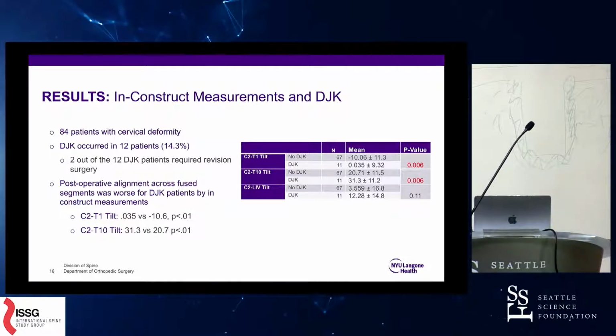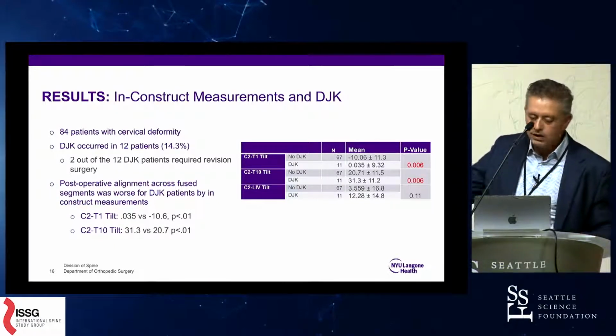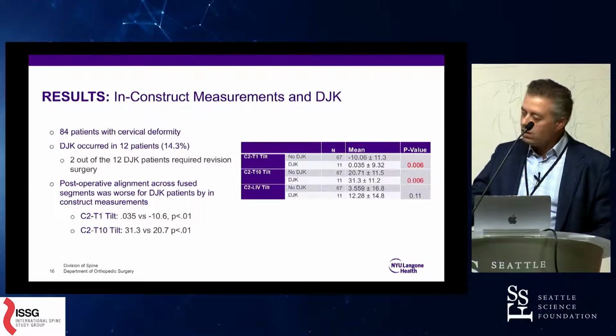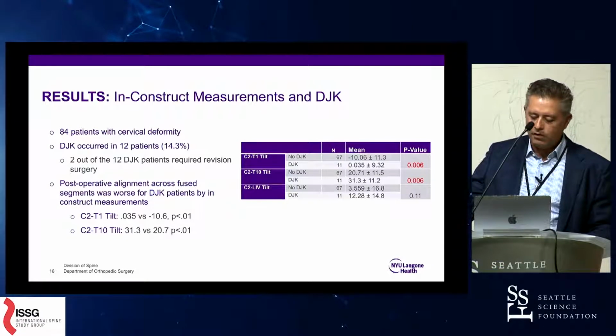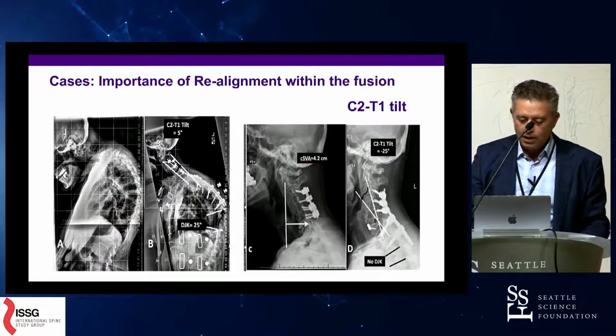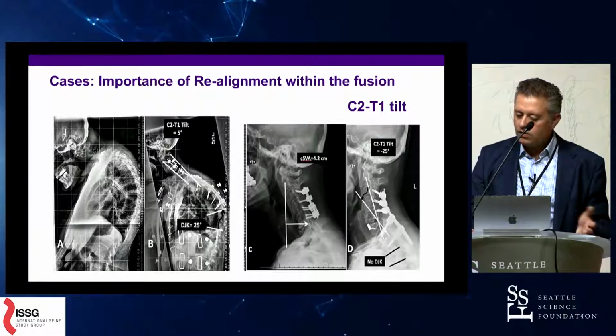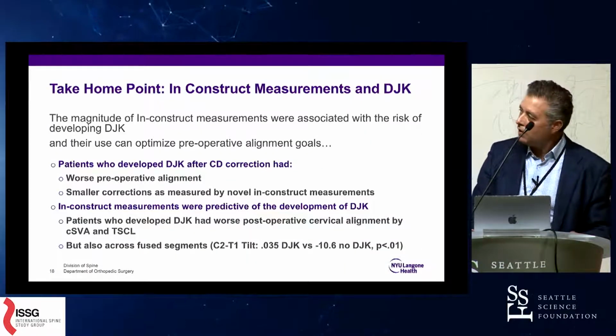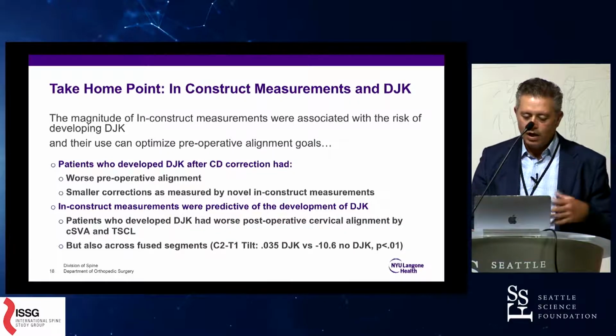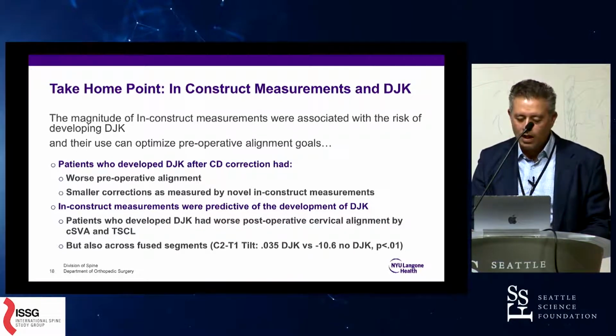Versus a patient fused down to C2 to T10, if that angle was 20 degrees, they didn't get DJK, but if it was 31 degrees, they did. So you can use these in-construct measures in surgery to figure out if you've done enough correction, and we can suggest some thresholds that you can look at if you read the paper carefully.